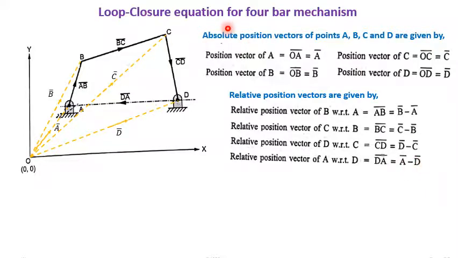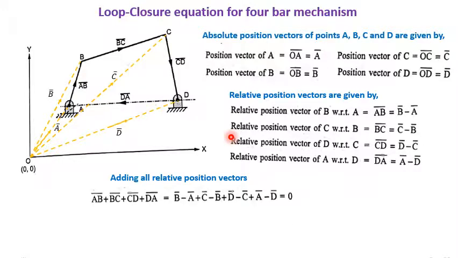So what do you mean by loop closure equation? We have to add all the position vectors and it should be equal to 0. So let us add all the relative position vectors: AB vector, BC vector, CD vector and DA vector. Add all the vectors, that is B vector minus A vector plus C vector minus B vector plus D vector minus C vector plus A vector minus D vector.